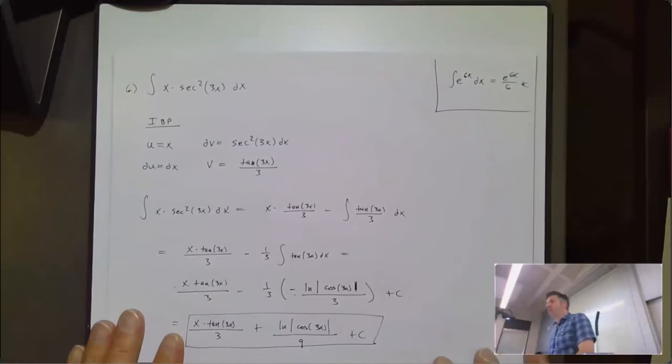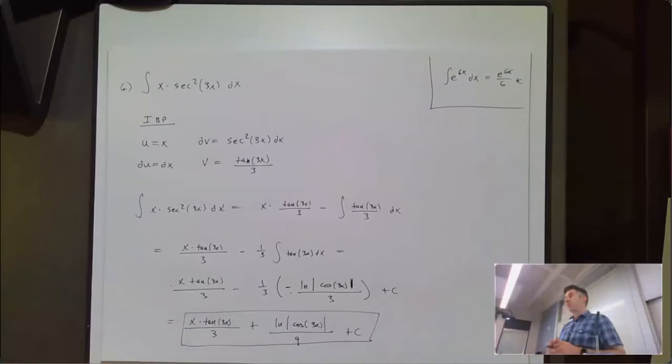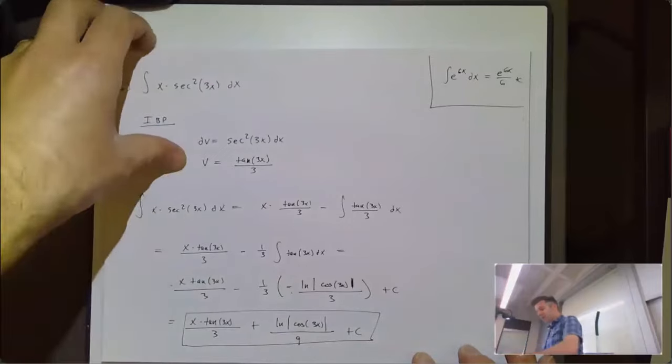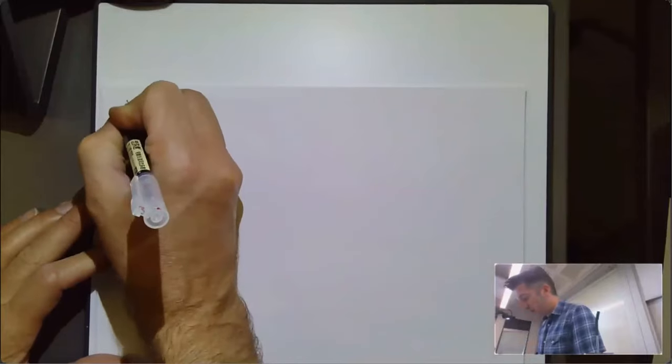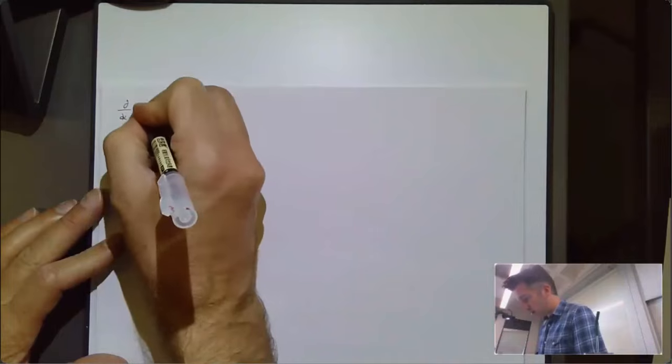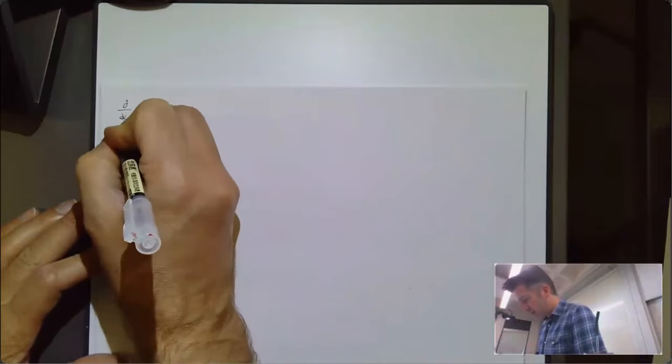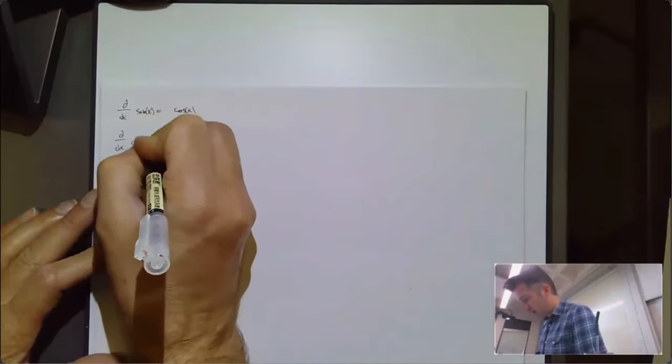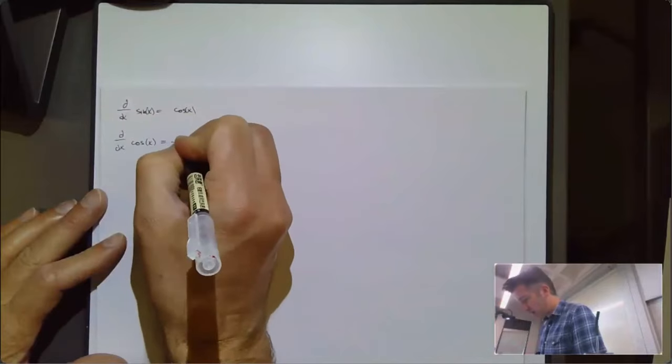This feels like a good moment to remind ourselves, or maybe see for the first time, all the antiderivatives of the trig functions. So here's a quick recap of trig functions. Let's talk about all the derivatives first, just to remind ourselves. The derivative of sine of x is cosine of x. Parentheses are good. The derivative of cosine of x is negative sine of x.